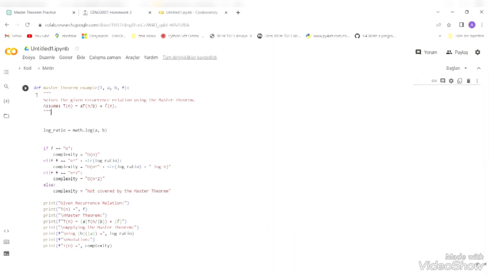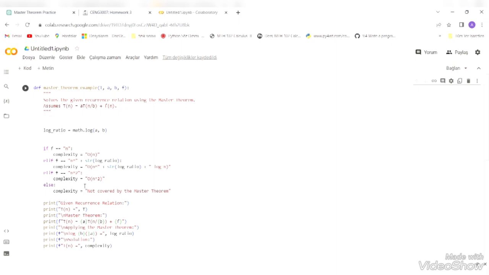The first step is to calculate the logarithm ratio, log base b of a, which is the exponent in the recurrence relation. This is done using the math function in Python. Next, the script checks which case of the master theorem applies based on the provided function f(n).